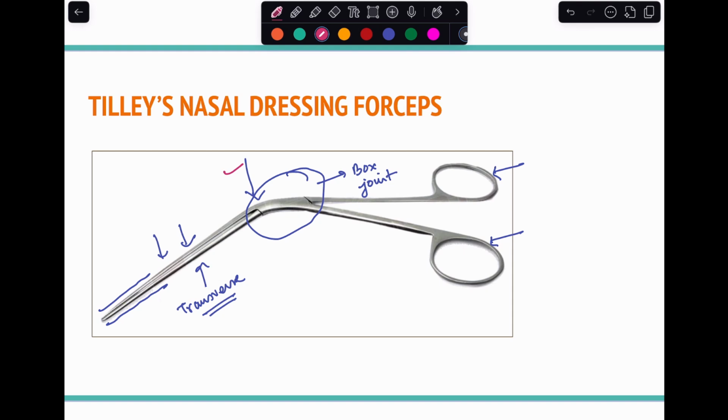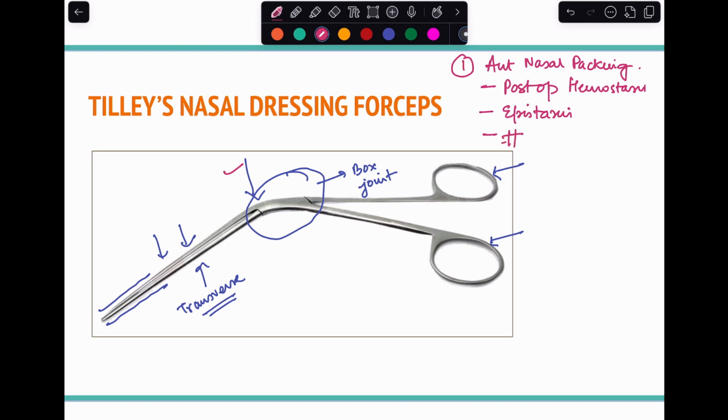Next, let's talk about what are the different uses of the Tilly's nasal dressing forceps. First of all, we will use it for anterior nasal packing. Now, in what cases will we do anterior nasal packing? We can do it post-operatively if there is hemostasis in a patient. We can do it in case of epistaxis if there's an anterior bleed.